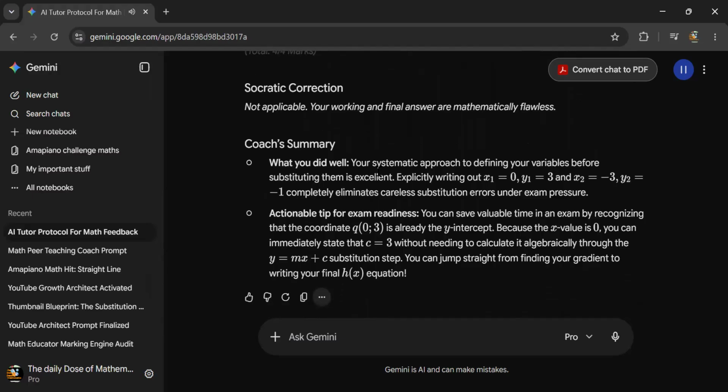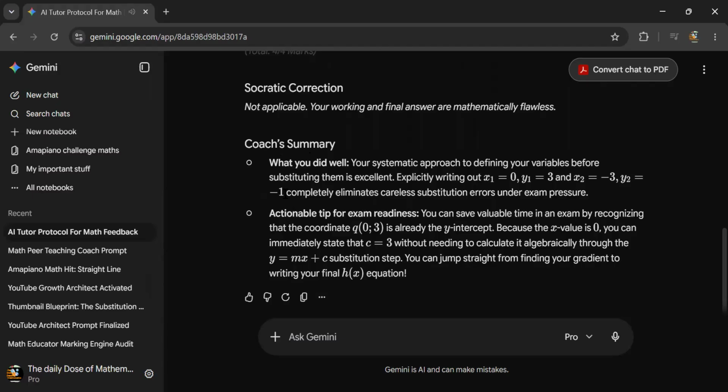Actionable tip for exam readiness: you can save valuable time in an exam by recognizing that the coordinate (0, 3) is already the y-intercept. Because the x value is 0, you can immediately state that c equals 3 without needing to calculate it algebraically through the y equals mx plus c substitution step. You can jump straight from finding your gradient to writing your final h(x) equation.